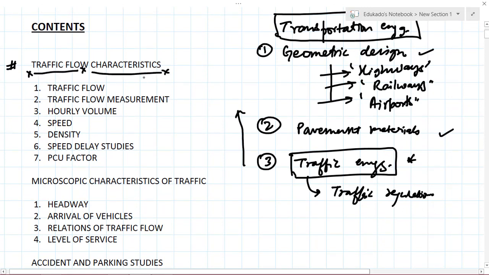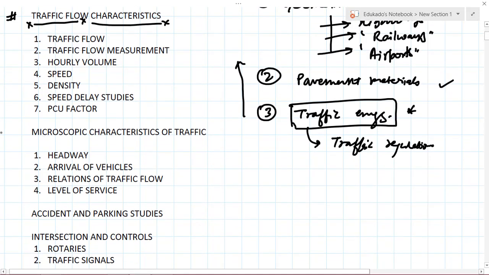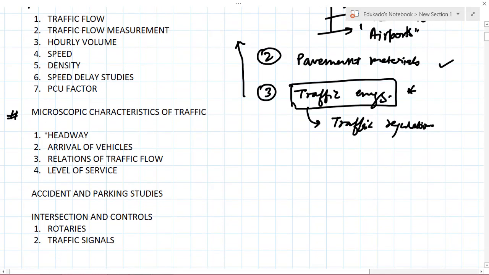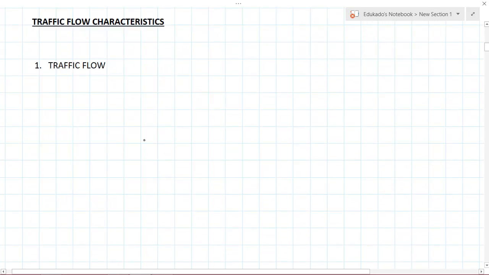Over here we understand what characteristics are required to understand how the traffic flows, and how we measure them, because these are the parameters used to design highways or anything where traffic is concerned. The second subsection will be the microscopic characteristics of traffic. Then accident and parking studies.